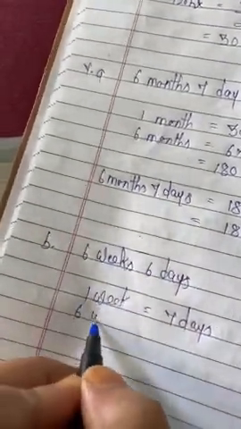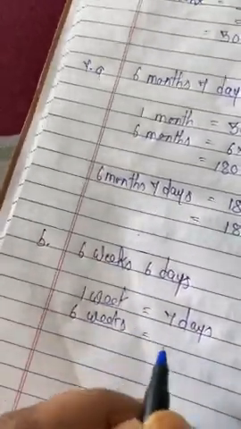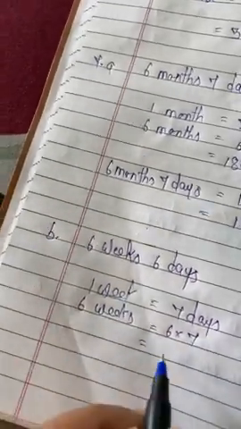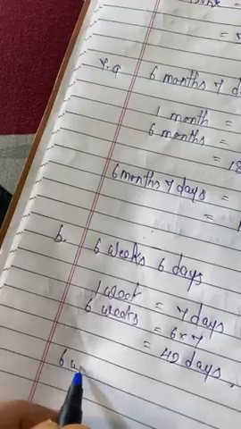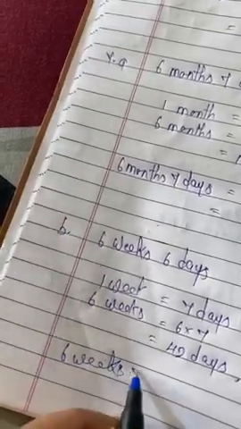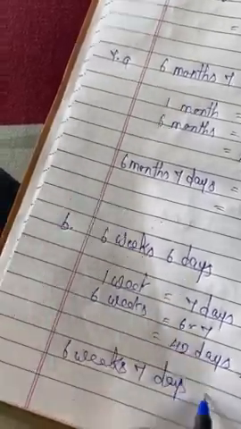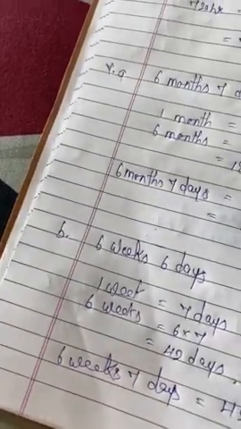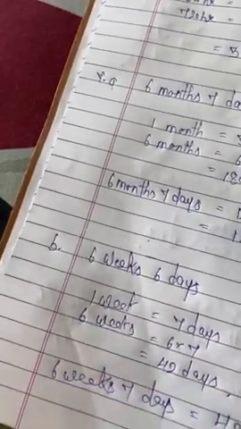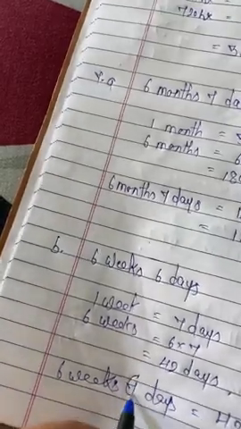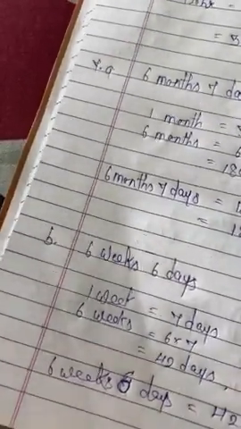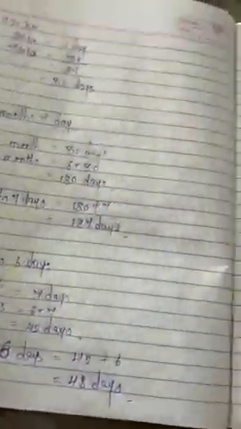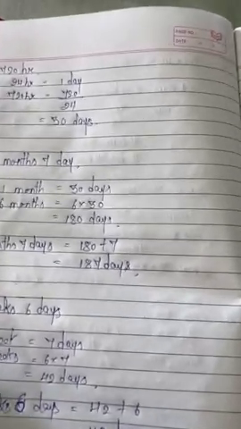So 6 weeks is equal to 6 into 7. That means 42 days. Now 6 weeks 6 days is equal to 42 plus 6, so 48 days is our answer. Clear students? All questions are very easy. So question number B is completed.